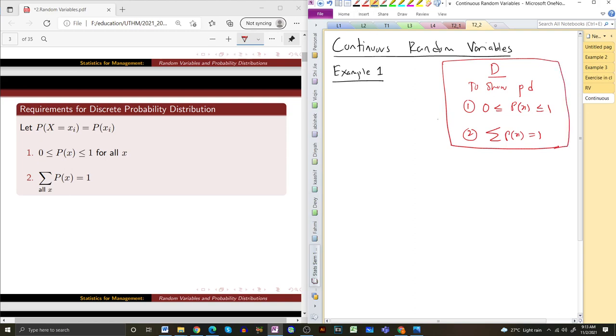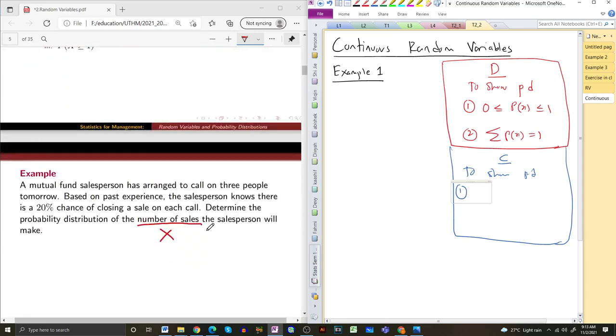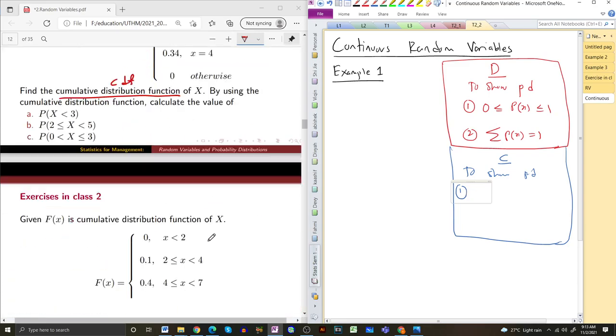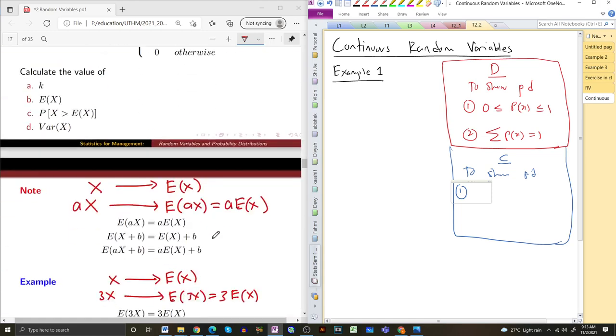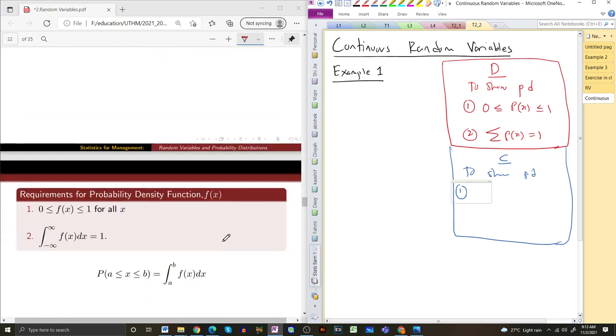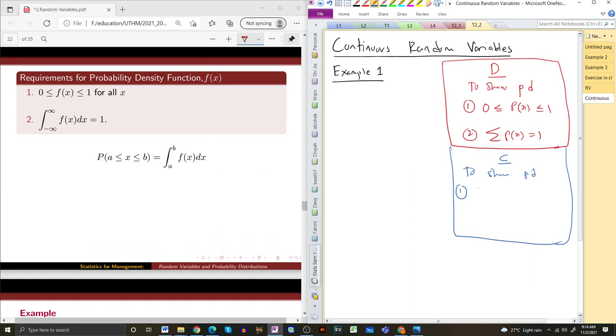Now the same thing goes for continuous. To show it is a probability density function, it also has two conditions. The first condition is you have to show that f(x), the function itself, not the probability, is between 0 and 1.